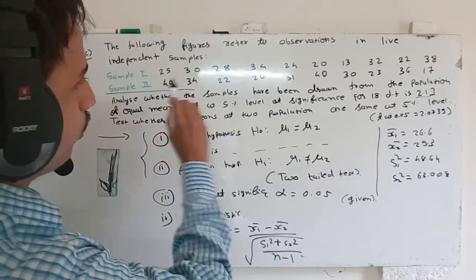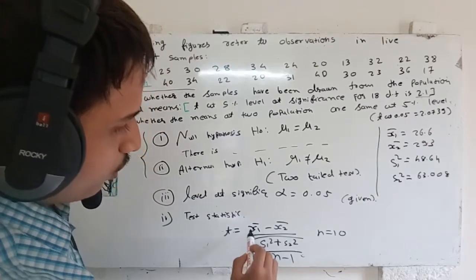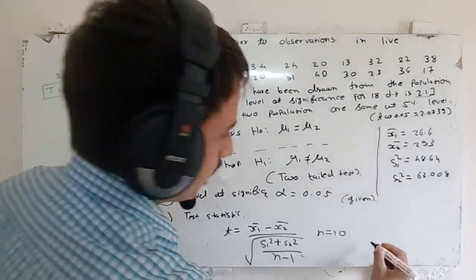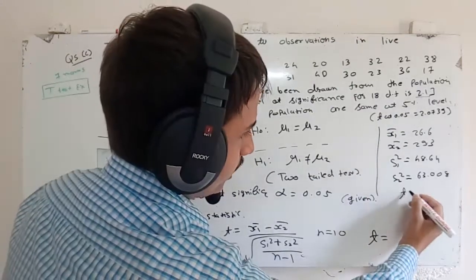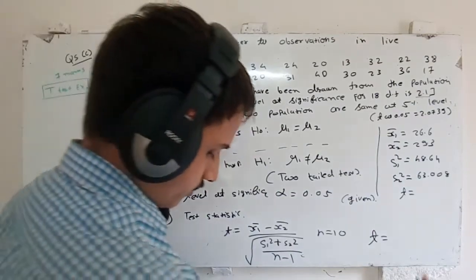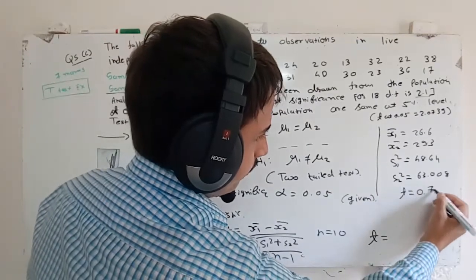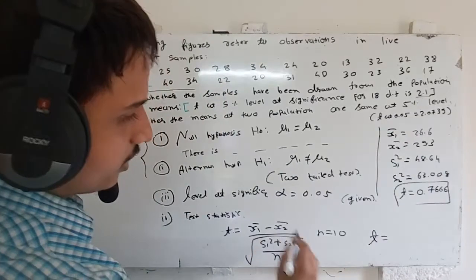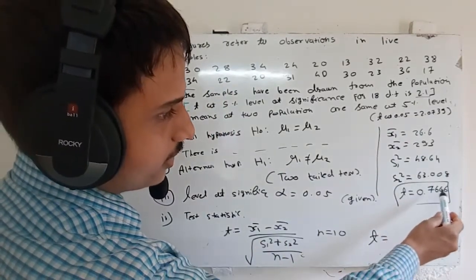Here n is equal to 10, a total of 10 data points. Now you have to put all the values that we calculated into this equation, and you will get the value of t as 0.7666.